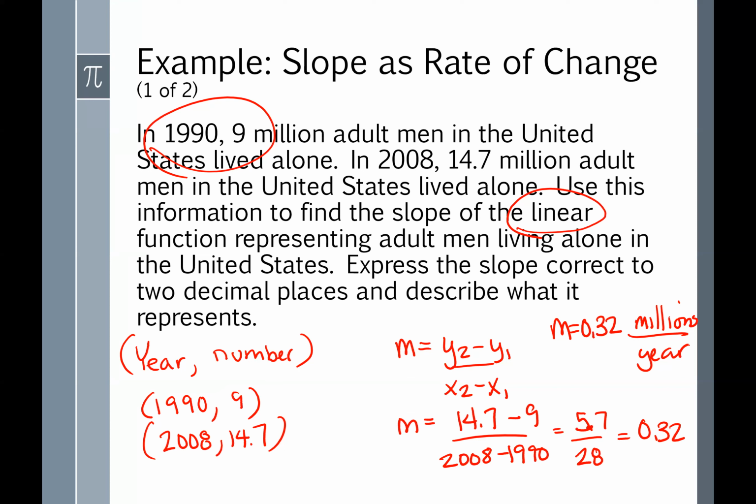So if it's 9 million in 1990, in 1991, it's 9.32 million. In 1992, it would be 9.64 million, etc. So every year, the number of adult men living alone increases by 0.32 million. So that's how we interpret the slope for this particular example. And since it's linear, it's exact every year, 0.32 million every year.